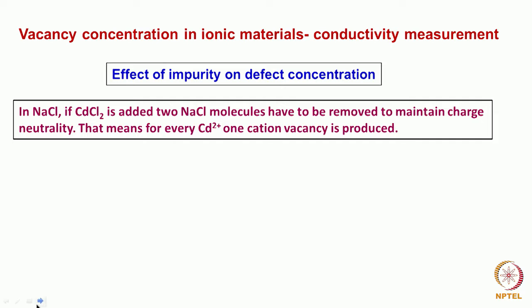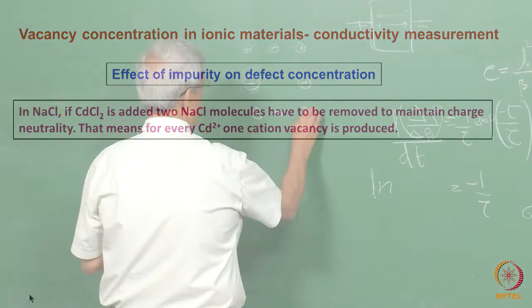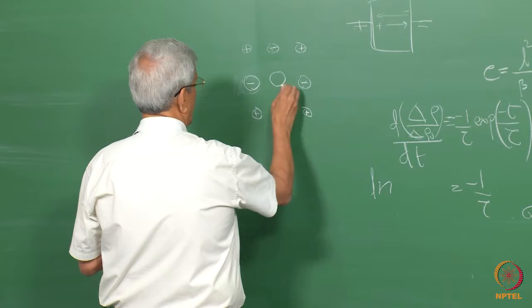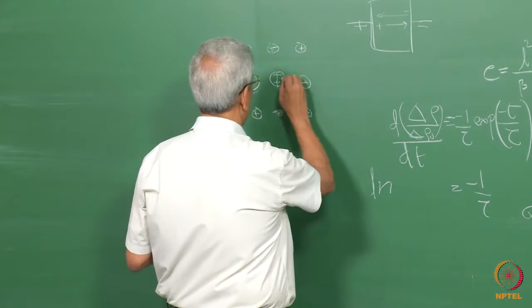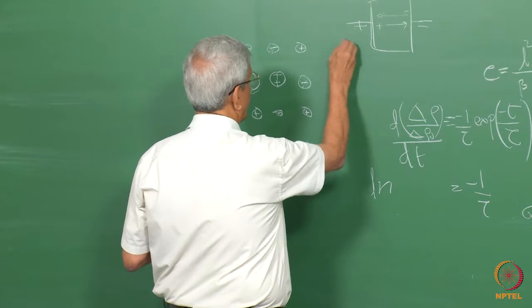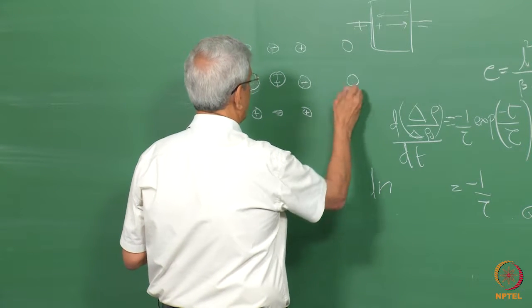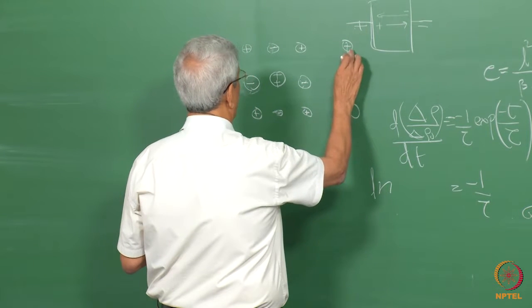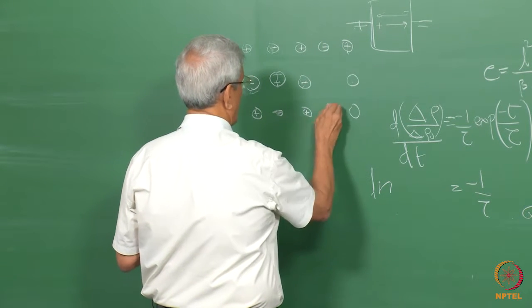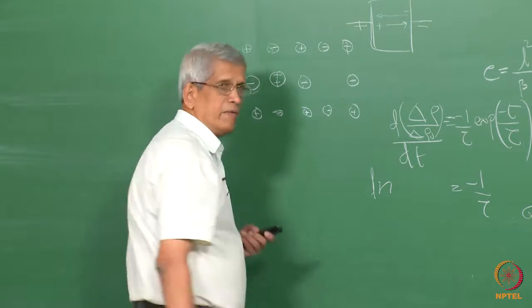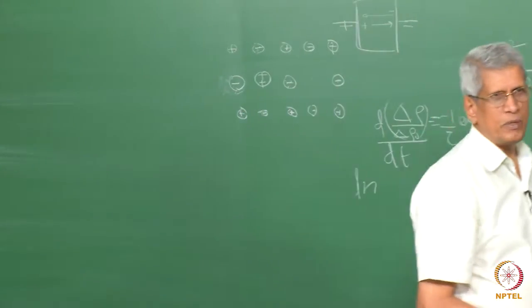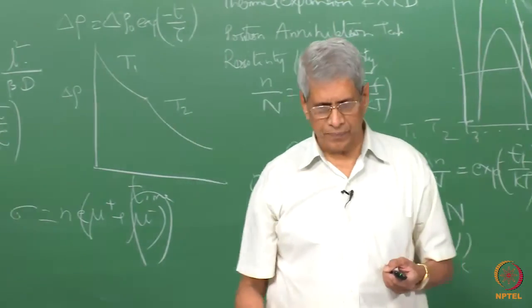That means to maintain the charge balance, one sodium ion has to be removed from another site, right? Assume that a divalent ion is there. Maybe in an adjacent site the vacancy is created so that charge neutrality is maintained, correct?